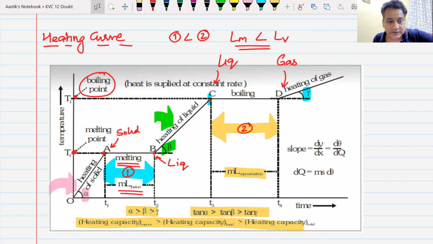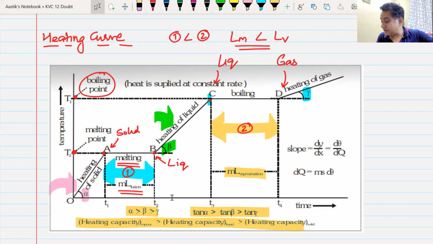I don't want that to happen. So, have we understood this? Region number 1, region number 2, I've told you everything that you needed to know. Any question that comes on this heating curve, you should be able to do it. Shall we move ahead? Democracy wins. Okay, so we are done with this.